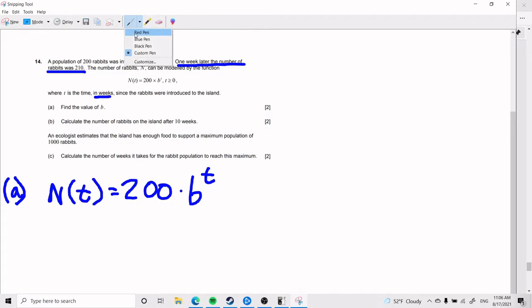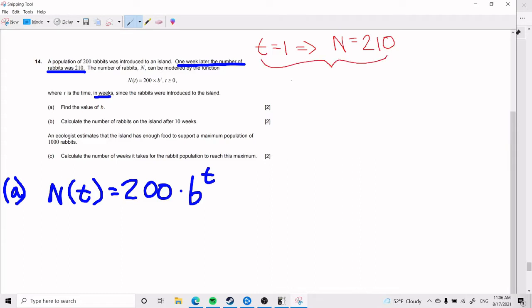And so what this is essentially telling us is that at t equals 1, we had an n of 210. Another way to express this same information is that on your graph, there exists the point (1, 210).